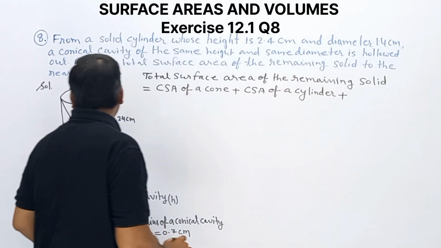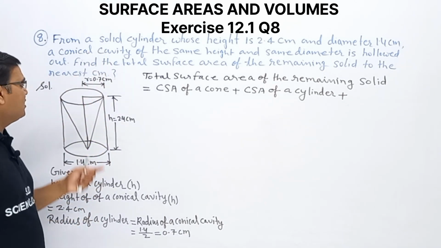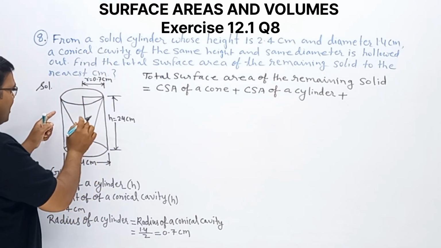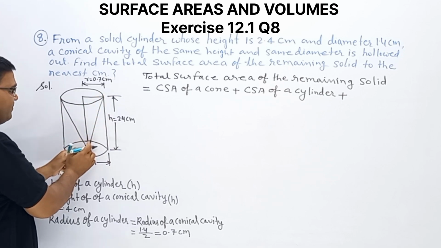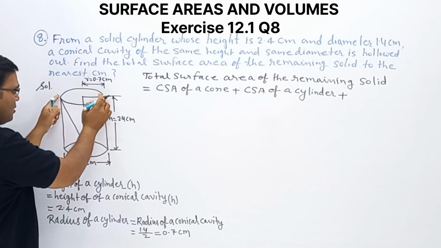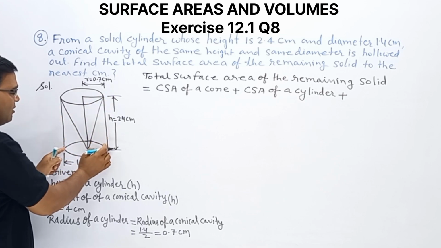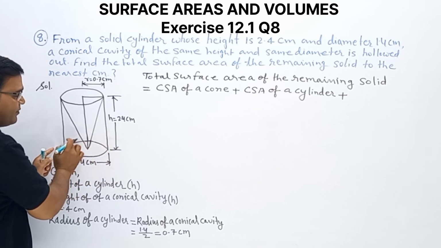plus, now once we hollowed out this conical cavity, what is the remaining solid? In the area we will include the curved surface area of the cone, the curved surface area of the solid cylinder, and one more, this one.